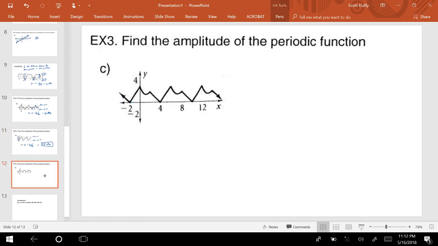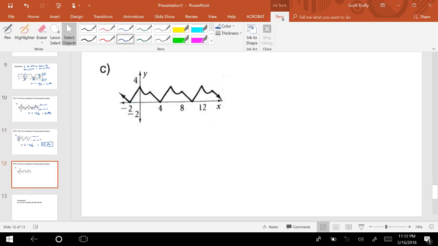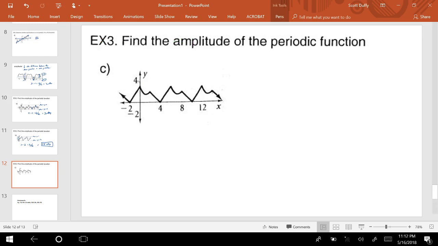Find the amplitude of this. So if this is where 4 is, four is right here. This would probably be 2. This would probably be 3, 1, 0.